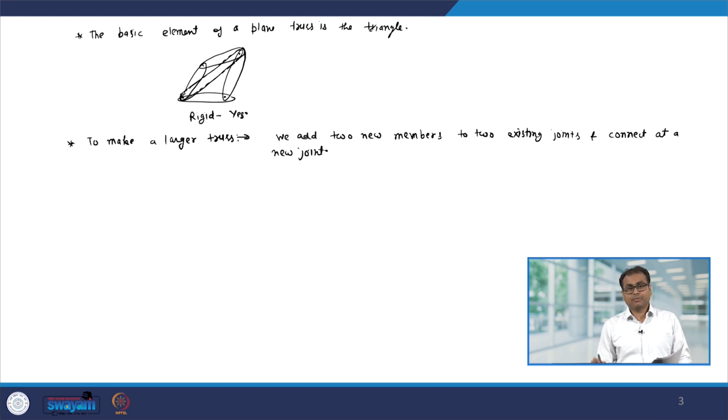So, basically you start with a triangle structure. Let me start with a triangle structure because this is our basic building block.